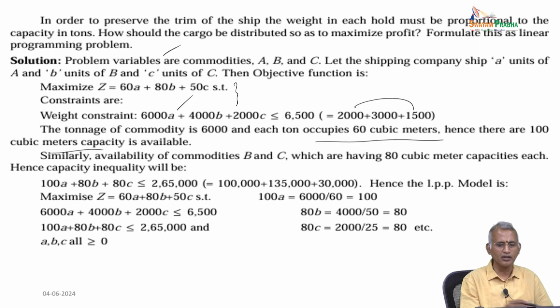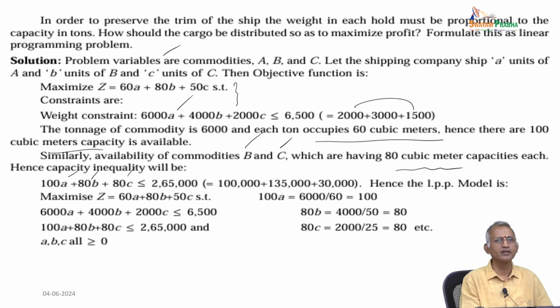Similarly, for commodities B and C, 80 cubic meters, and the capacity inequality will be 100A + 80B + 80C ≤ 2,65,000, because 1 lakh plus 1 lakh 35,000 plus 30,000 is given.